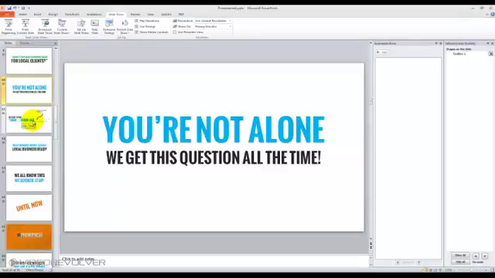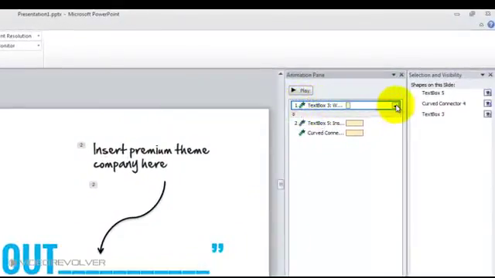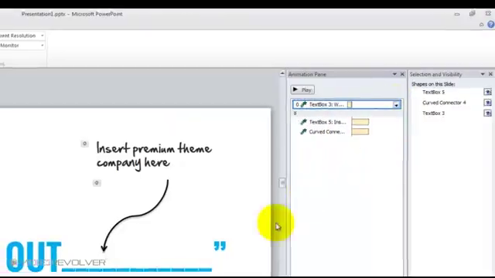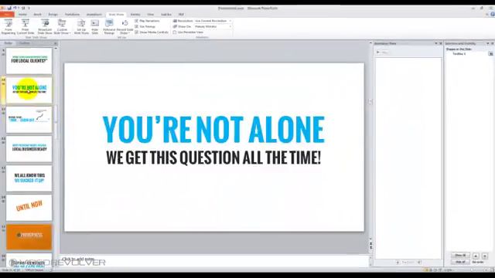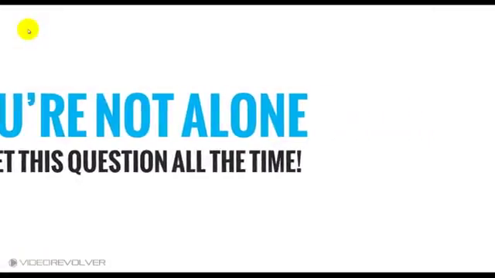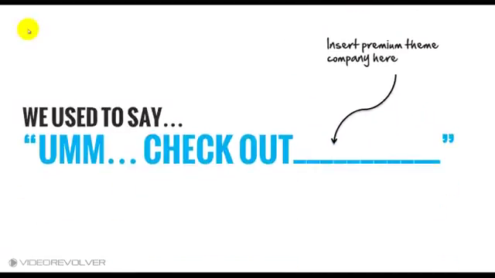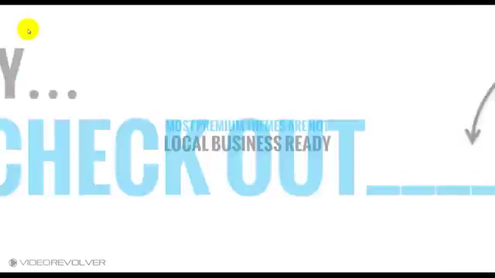We get this question all the time. And we just need to make the number 1 animation in the sequence start after previous, and that should fix our issue. So we'll go to slideshow from current slide. You're not alone. We get this question all the time. Hit enter, and it happens automatically. This is exactly what we need. Okay, so let's continue on.